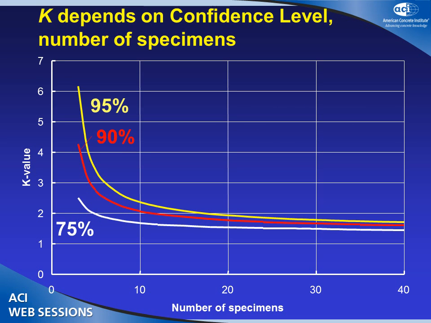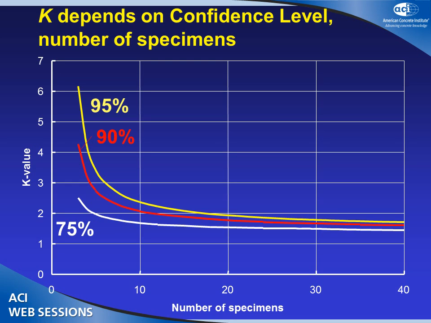Here's the number of specimens that you're going to test on the horizontal axis, and you can see that the K value, if you're going to test 3 specimens, or I think that's 2 specimens actually, is a number like 2.5. If you're going to test 20 specimens, then the number is more like 1.5. And if your confidence level, how certain you want to be that you've actually captured the 10% fractile, 75% is probably a typical number to use.